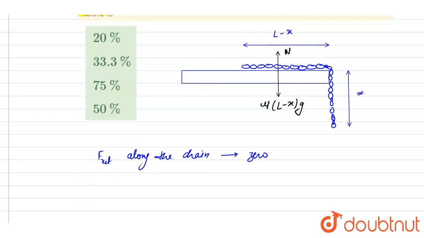And what can be the maximum friction force here that could act? And here the weight will be acting along the chain, and it is mass per unit length into g. So here the limiting friction will act.